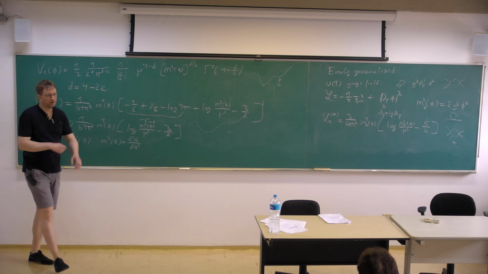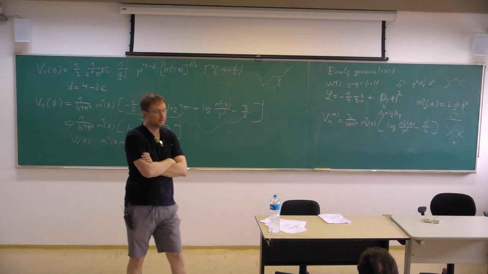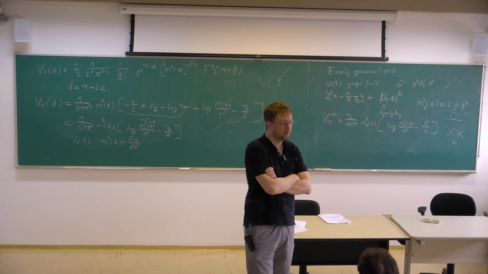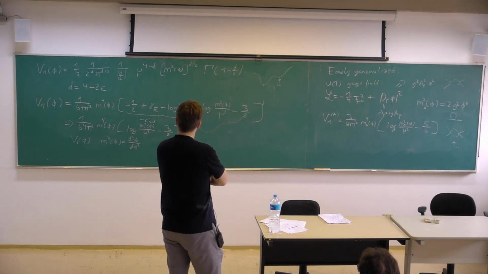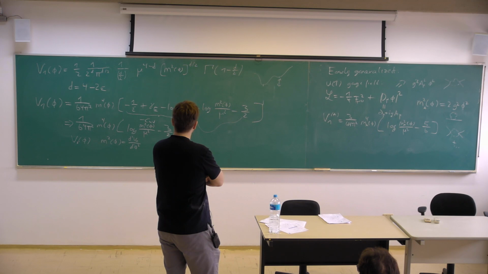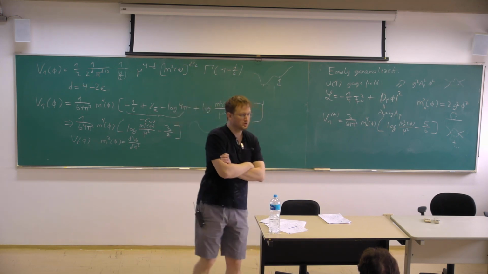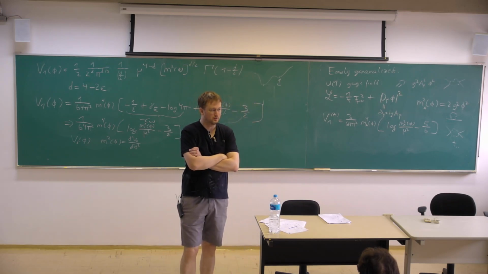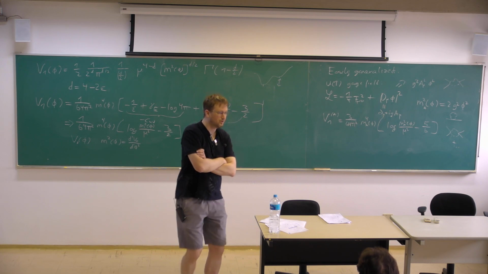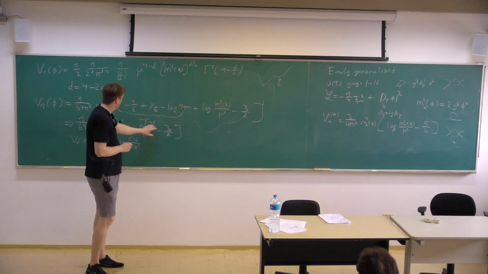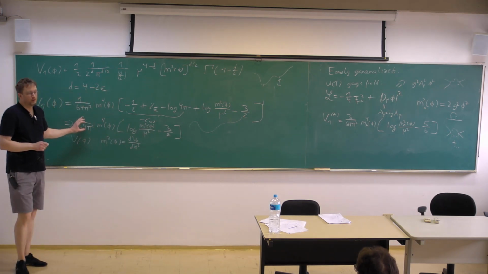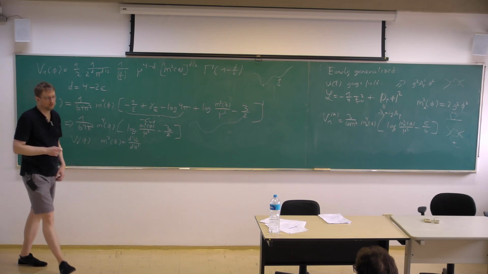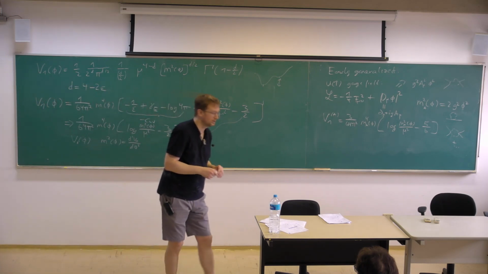If I consider lambda equal to 0, this potential will not vanish, but it will give some constant contribution, which again we don't care about. We've thrown away constant contributions all the time. So if lambda is 0, I get a constant, but that's just a contribution to the cosmological constant that we're not keeping track of.